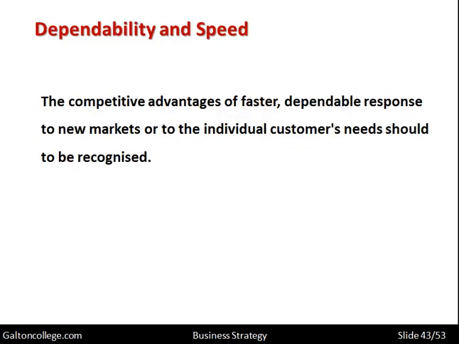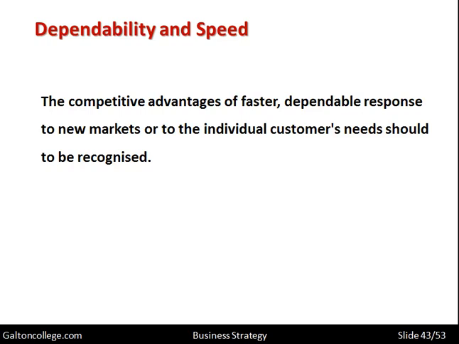Now, dependability and speed. Well, the competitive advantages of faster, dependable responses to new markets or to individual customers' needs should be recognized. So, even though we're talking about quality and the importance of quality, dependability and speed is also important.